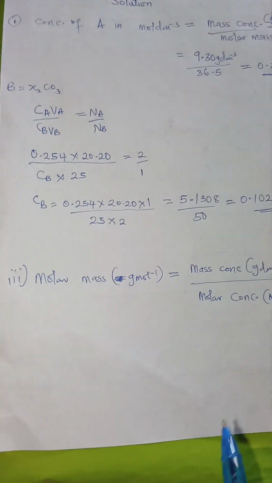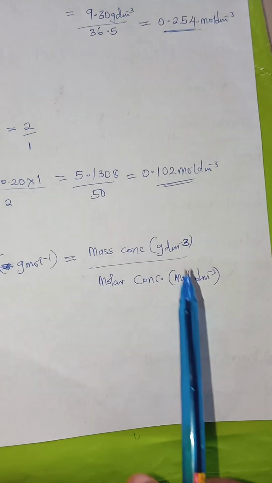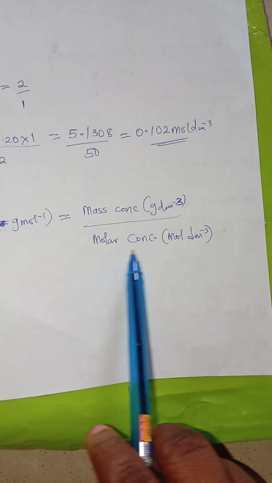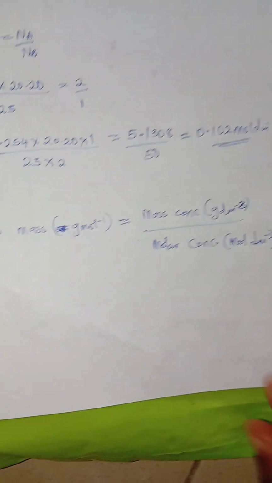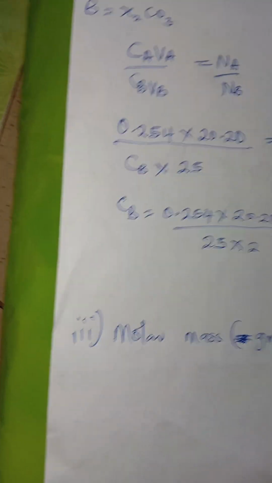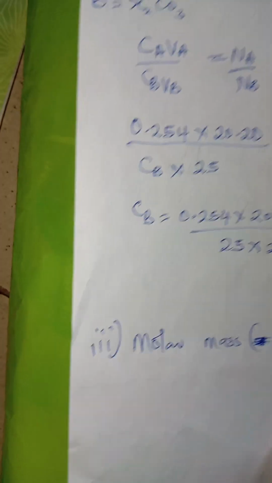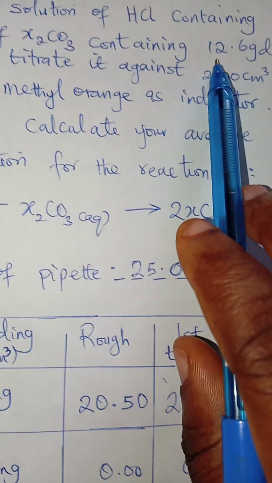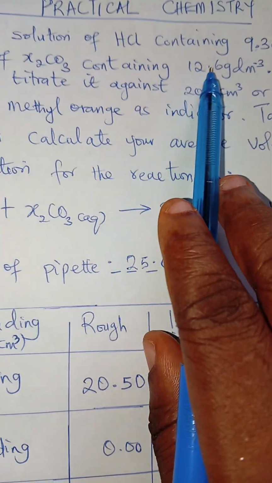To get your molar mass, it will be your mass concentration in gram per dm cube all over molar concentration in mole per dm cube. What is your mass concentration of your base? Let's go over to the first page. We have mass concentration of this should be what? 12.6.